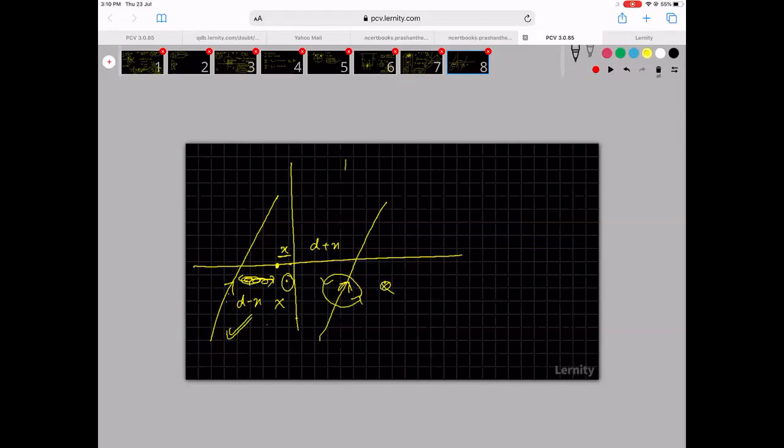So B is inside the plane, and B is equal to mu naught I by 2 pi (D minus X) minus mu naught I by 2 pi (D plus X).